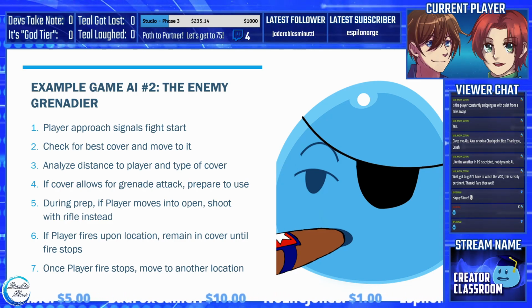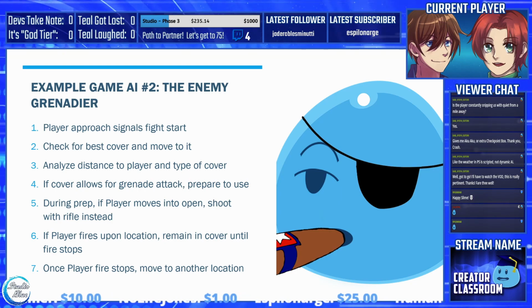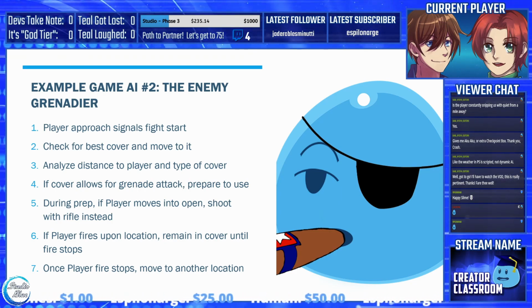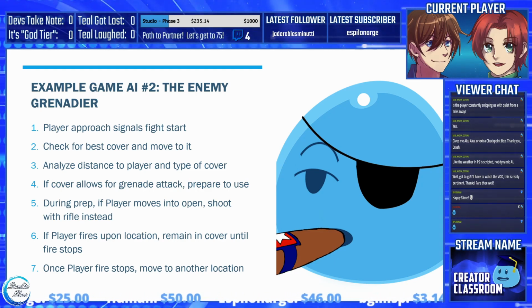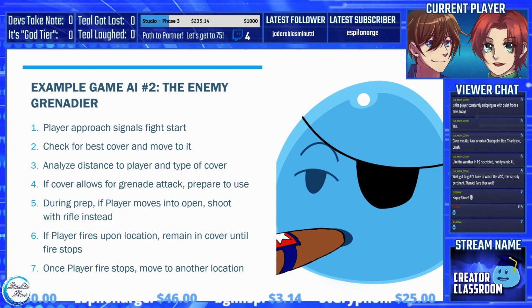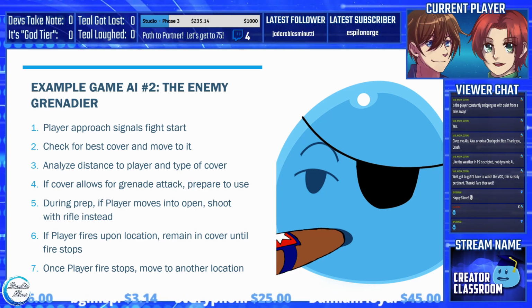Right. If the player remains hidden in a place that can be grenaded, the grenadier will shoot off the grenade. Because that's what a grenadier does. If the player fires upon the location of the enemy grenadier, remain in cover until the fire stops. So duck down and wait.